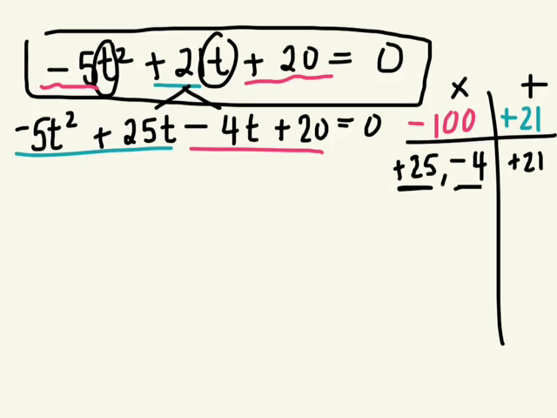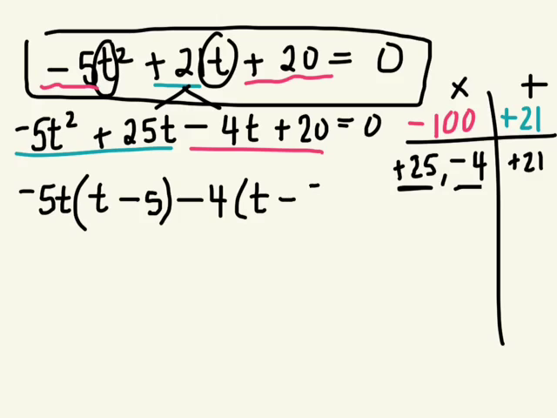What's the greatest common factor of negative 5t squared and positive 25t? Negative 5t. So negative 5t times what gives me negative 5t squared? Good. Negative what? Good. Negative 4 is the common factor. We're left with t minus 5.